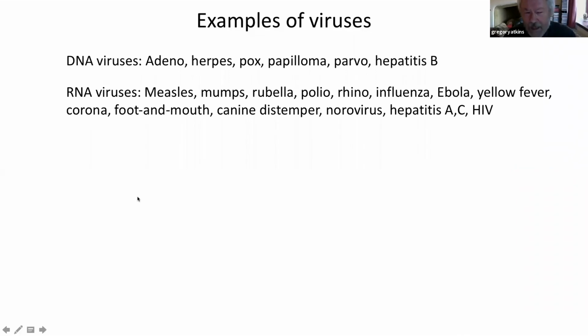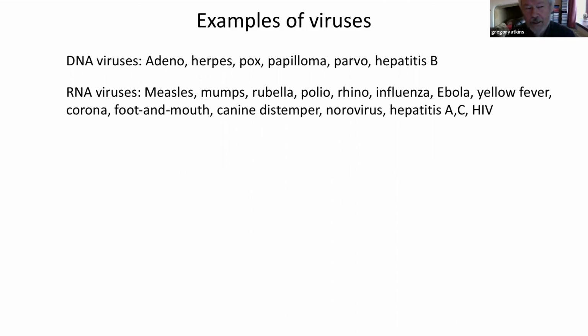As I say, viruses have nucleic acid. This can be DNA, and all other living things have DNA as their genetic material. We have DNA as our genetic material inside our cells, and that contains the genes which make us function. And the way viruses function is also to have genes.